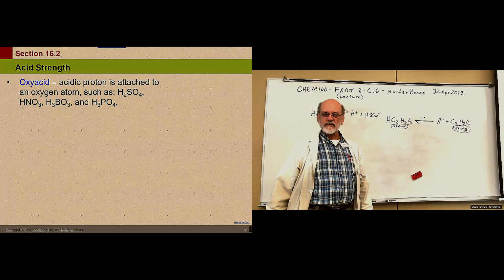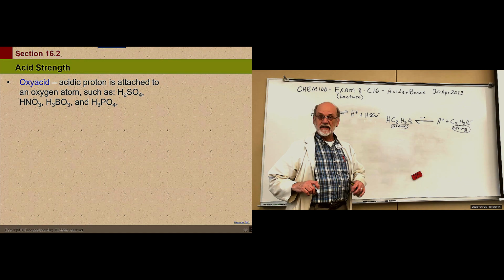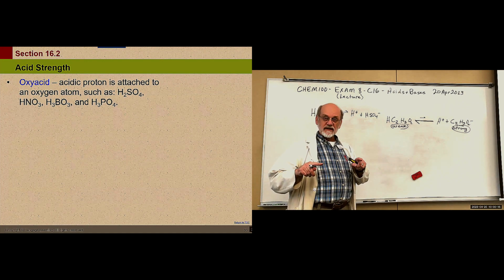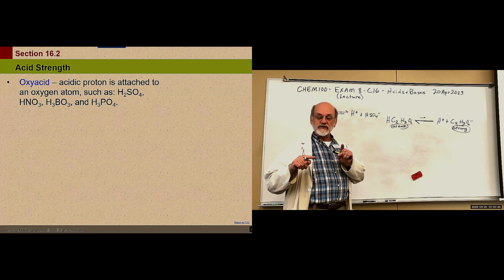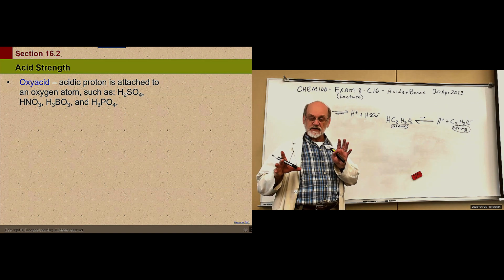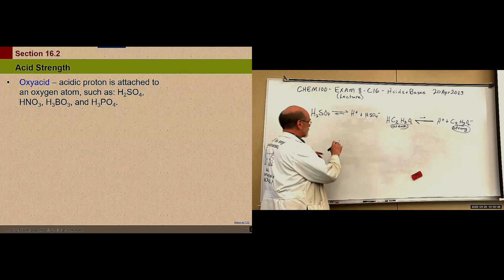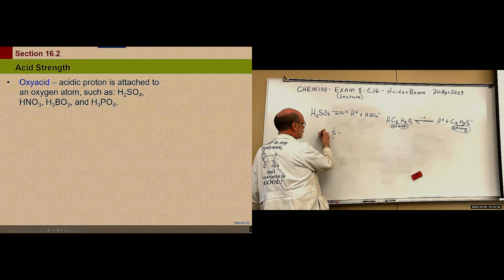Now, here's another characteristic of acids. If we have an oxyacid, in other words, any acid that has oxygen to which a hydrogen is associated. So sulfuric acid would be S, and then we have 4 O's.